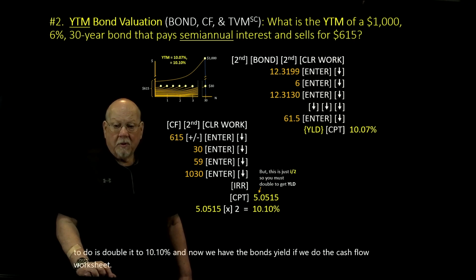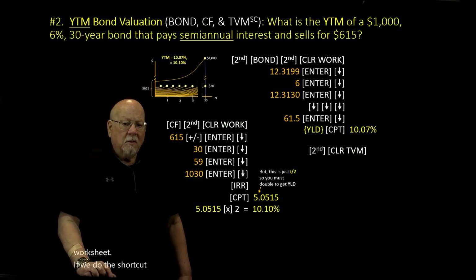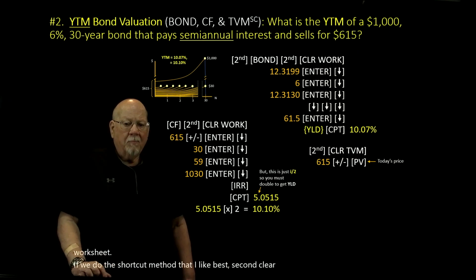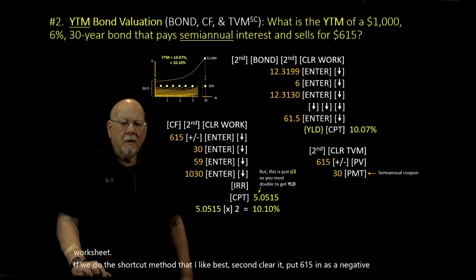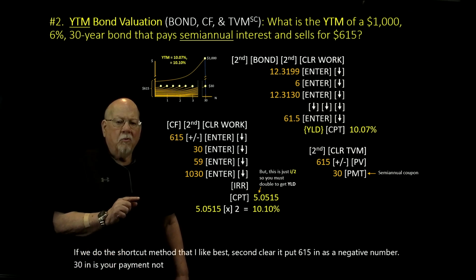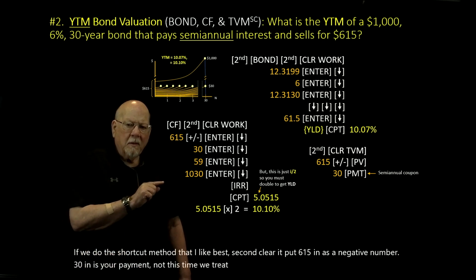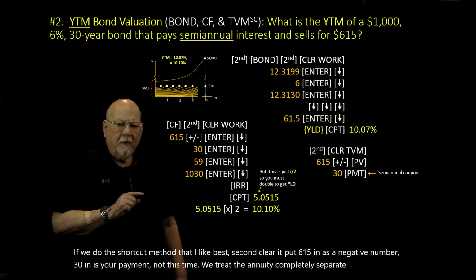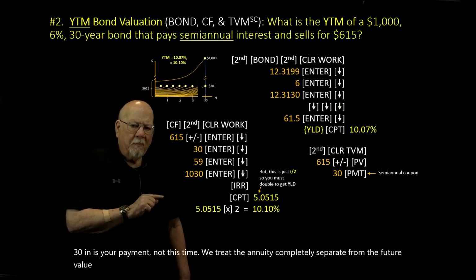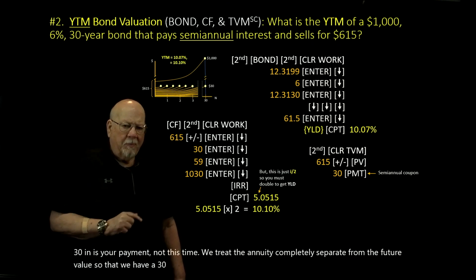If we do the shortcut method that I like best, second, clear it, put 615 in as the negative number, 30 in as your payment. Now this time we treat the annuity completely separate from the future value, so that we have a 30-period annuity rather than a 59-period annuity.